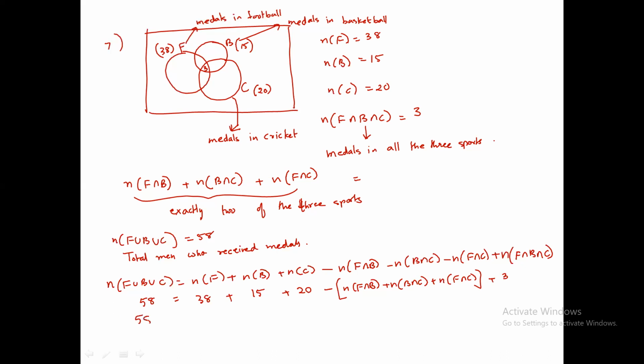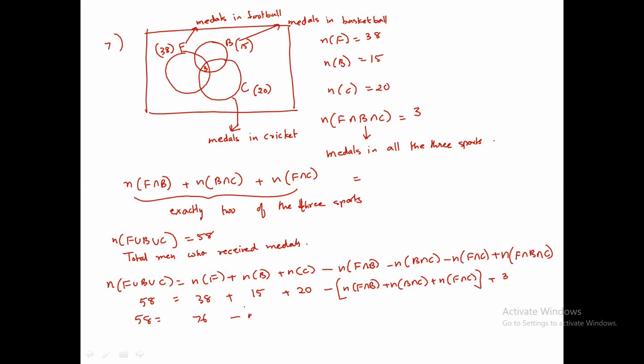So I have 58 is equal to 38 plus 15, 53 plus 20, 73 plus 3, 76.